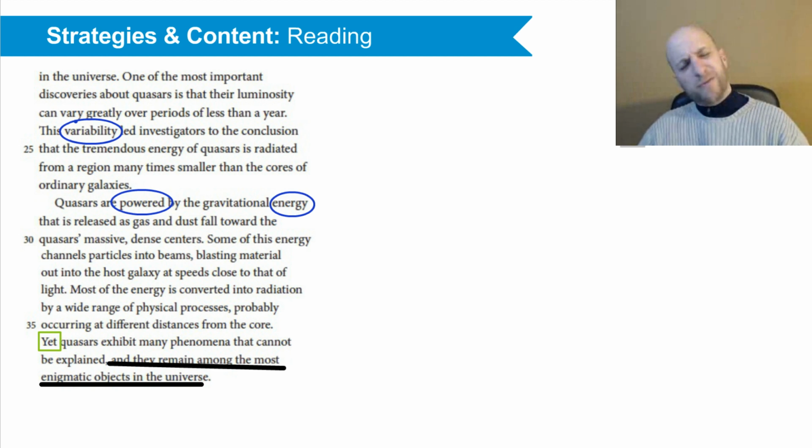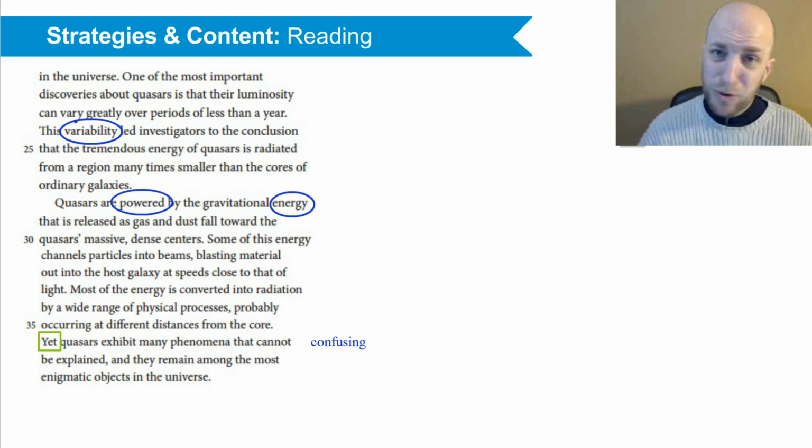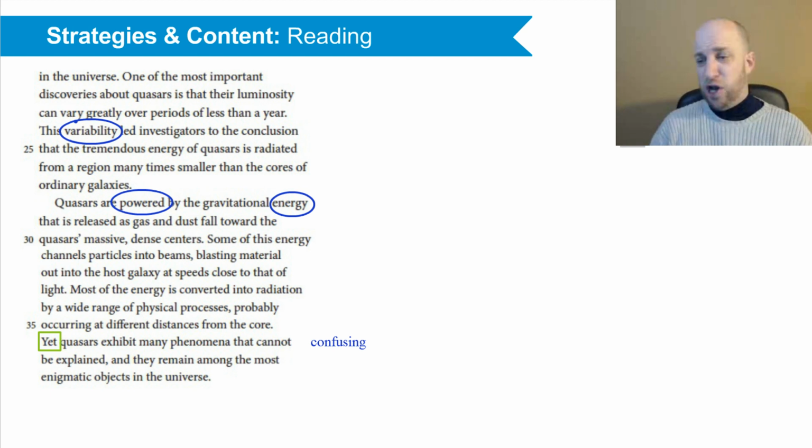Because I might look at that and be like, wait a sec, what did enigmatic mean again? When in fact, if I looked at the early part of it, it said they cannot be explained. Oh, maybe a note would be good here. If they cannot be explained, maybe they're a little bit confusing or mysterious, something like that. That to me is going to be something I can go back to and recall what it was talking about much more easily than if I had just underlined enigmatic.